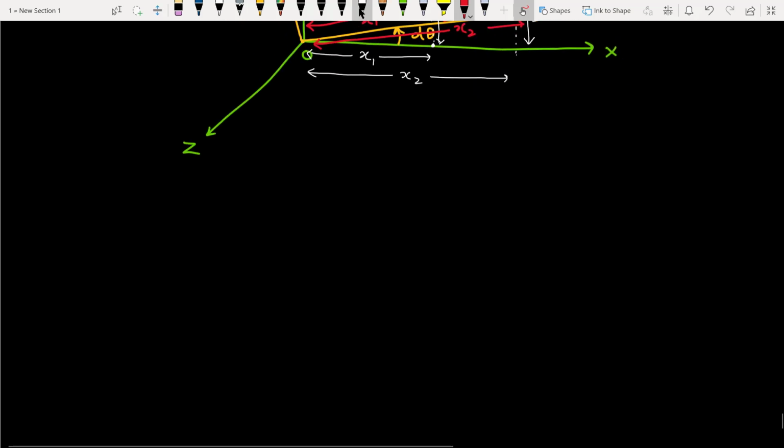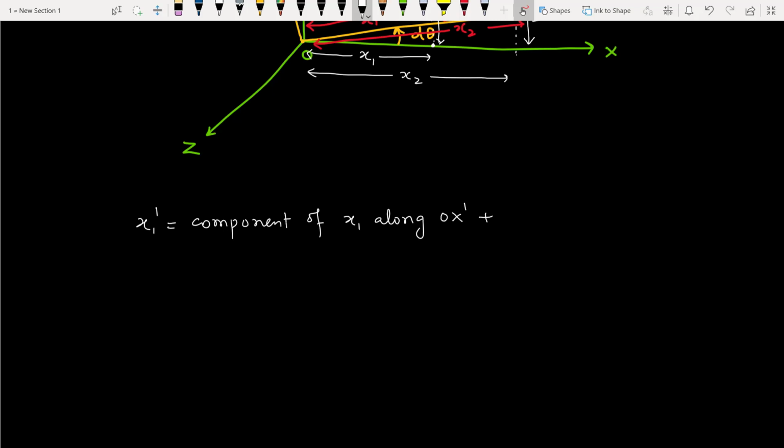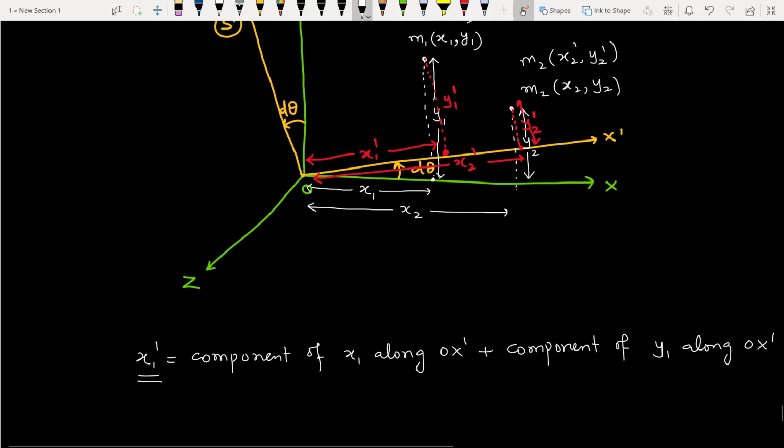So for this we write x1 dash. x1 dash is the component of x1 along OX dash plus the component of y1 along OX dash, because this is the value of the component of the position of mass m1 along the OX dash axis.